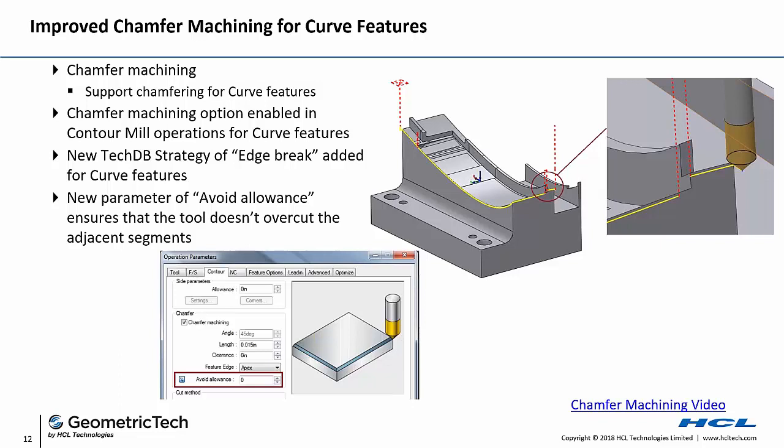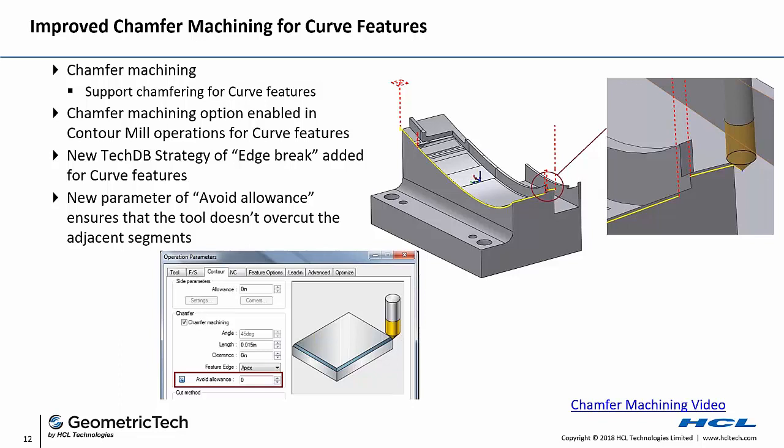So we have now made that available to you under the contour milling operation. We had that available for some of the other types of features. Now we've added that for curve features as well. And there's also a new strategy in the TechDB for edge break for curve features also.